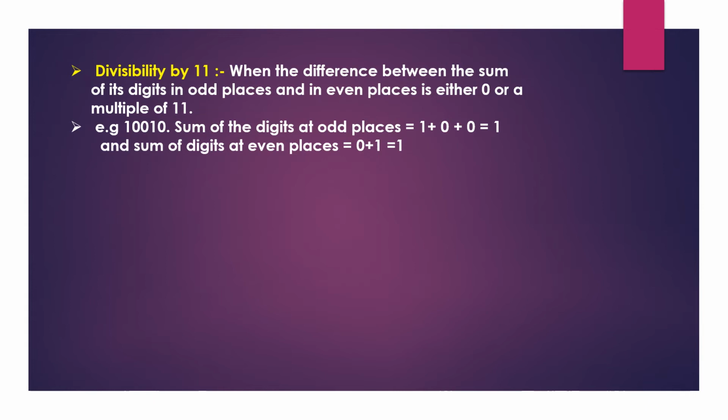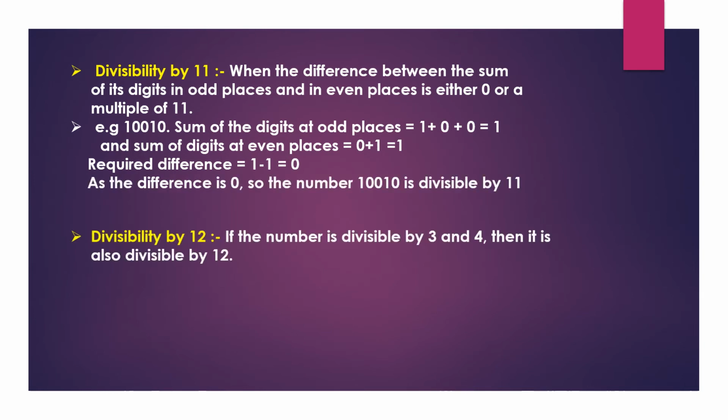Now, the sum of digits at even places, that is 0 plus 1, is equal to 1. Now, the required difference, 1 minus 1, is equal to 0, and as per the rule, if it is 0 or a multiple of 11, the number is divisible by 11. So here 10,010 is divisible by 11.